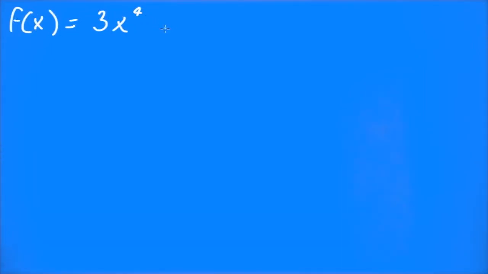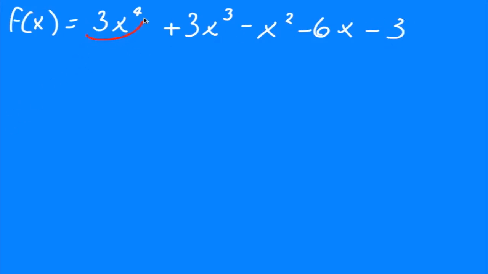What's going to happen when you get f of x equals 3x to the fourth plus 3x cubed minus x squared minus 6x minus 3? You see how your first x is not alone? You have to make it so that your first x is on its own.